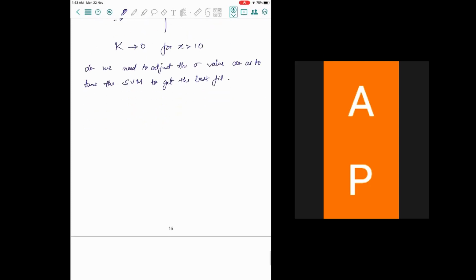Coming to applications. It is similar to the k nearest neighbor algorithm, KNN.